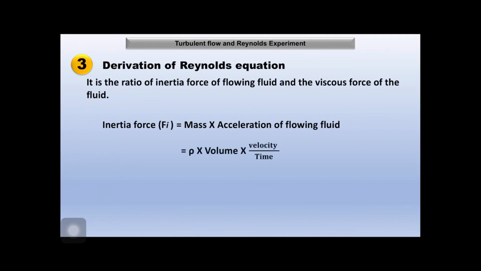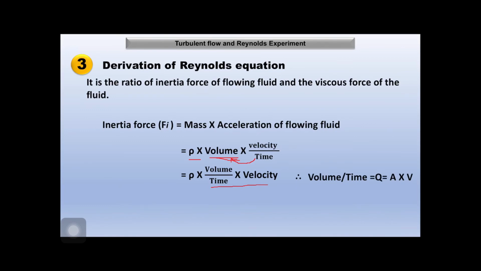The mass of the fluid is given by rho into the volume, where rho is the density, and acceleration is nothing but the velocity divided by time. When we rearrange this equation, it will become rho into volume divided by time, multiplied by velocity. Here the volume by t is nothing but the discharge.